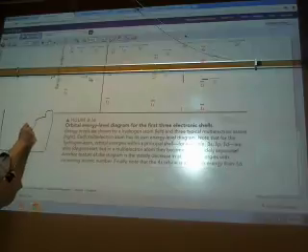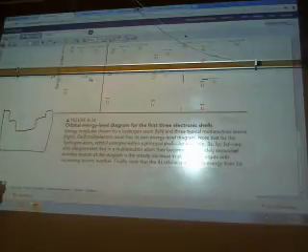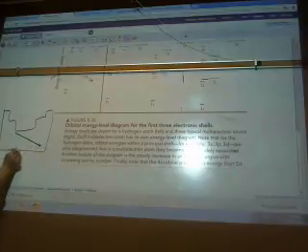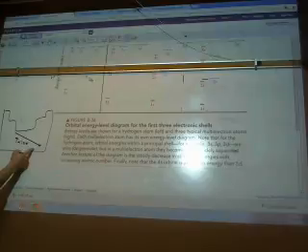Let me just write it over here. This is the periodic table. Here, the size increases as we go down.